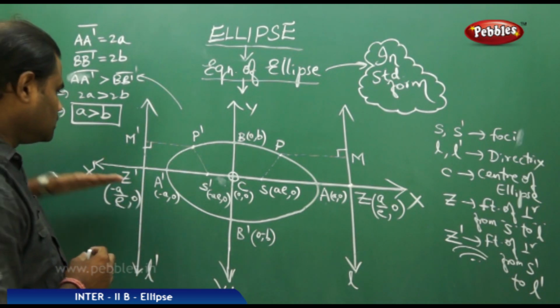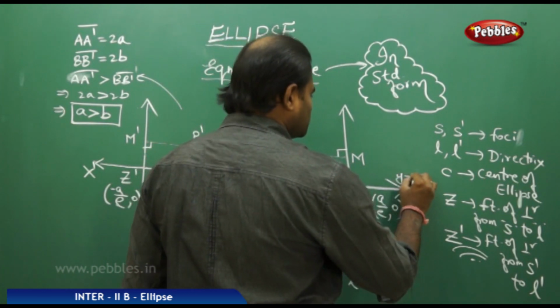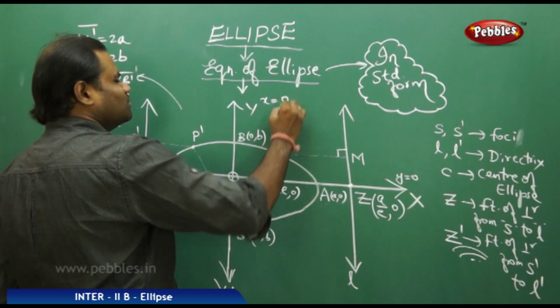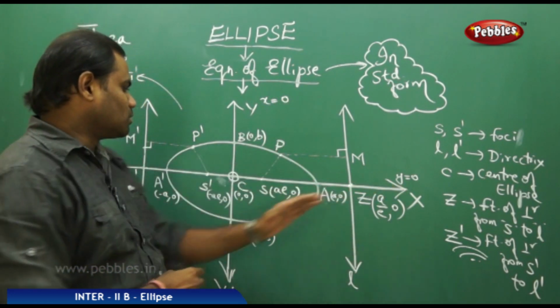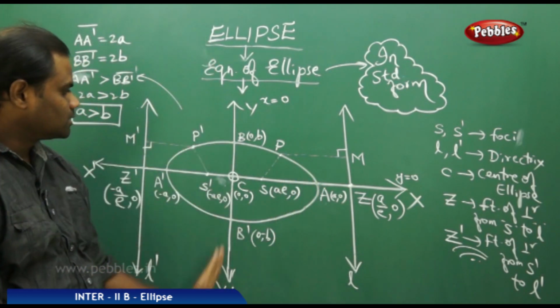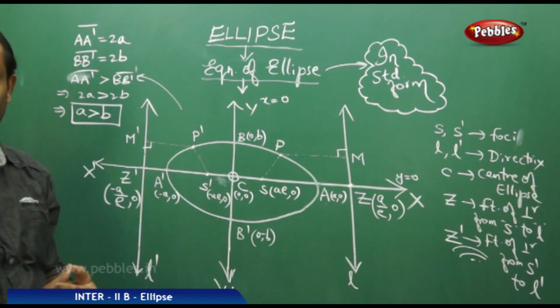And we know that the equation of this axis is y equal to 0, and the equation of this axis is x equal to 0. Now this is called the major axis because it has the major segment of the ellipse, and this is called the minor axis because this has the minor segment of the ellipse.